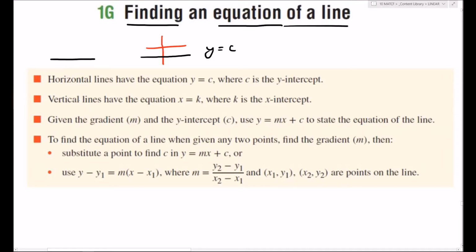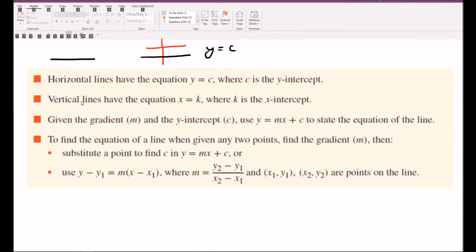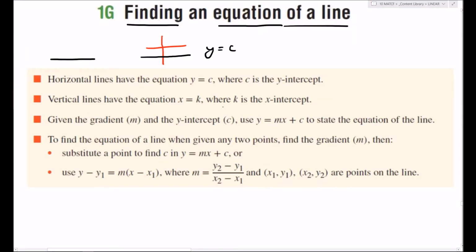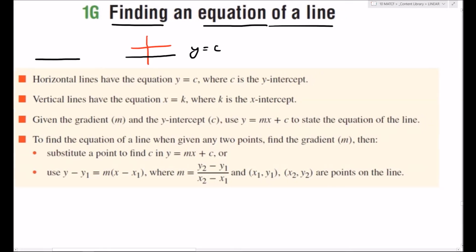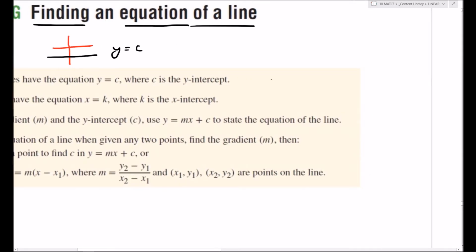Vertical lines, next thing here. Your vertical lines have an equation where x equals k. We haven't really seen k, but don't worry too much about it. What that's saying is, if you have a vertical line, which goes like this, let's draw a good old Cartesian here. Remember the axes on any Cartesian plane: the horizontal line is the x, the vertical line is y, so this is x and this is y.